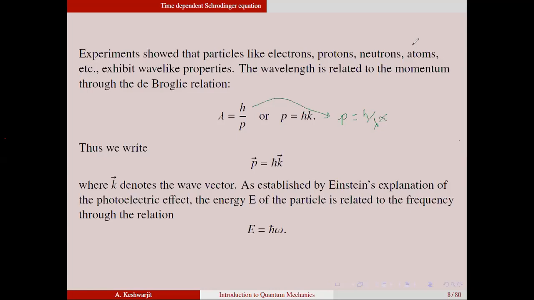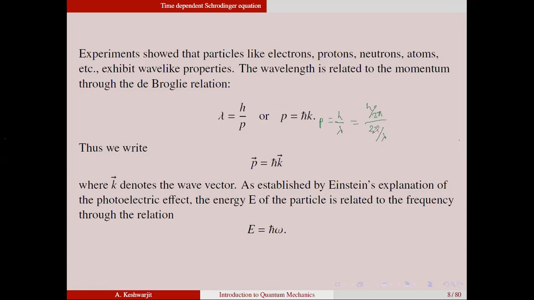Let me erase this. Let me repeat this. p equals h by lambda. And this can be written as h by twice pi, then twice pi by lambda.